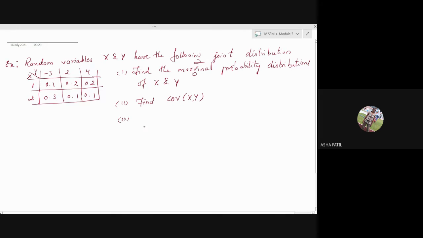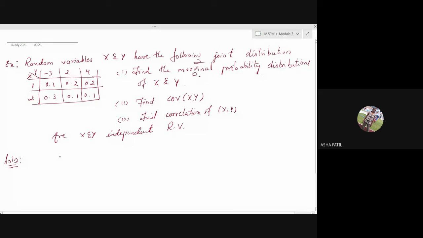Third, find correlation of xy, that is rho. Next, we are asked: are x and y independent random variables? Already they have given you the distribution. The probabilities are given to you. You need to find the marginal probability distribution.